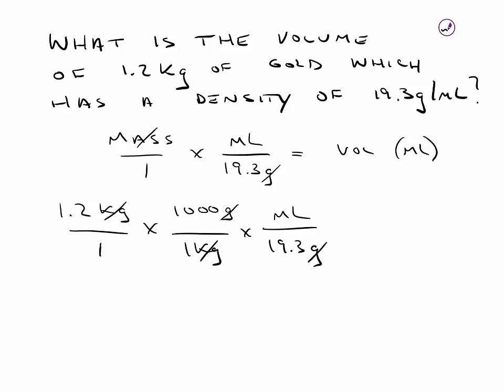And grams cancel. When I do the math across the numerator, 1.2 times 1,000, I'll divide then by 19.3. And to two significant figures, I get 62 milliliters. So that is the volume that is containing that 1.2 kilograms of gold.